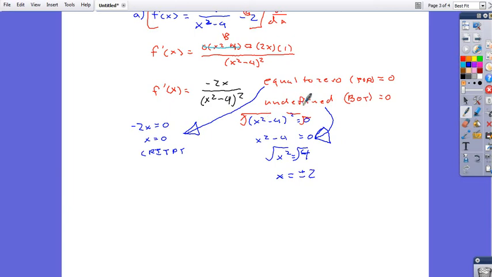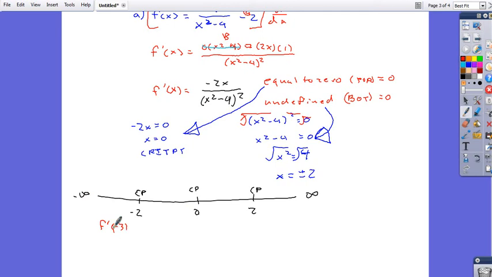Now we need to go ahead and test this, so let's draw a number line from negative infinity to infinity. We put all our critical points: 0, negative 2, and positive 2. Testing f prime of negative 3.